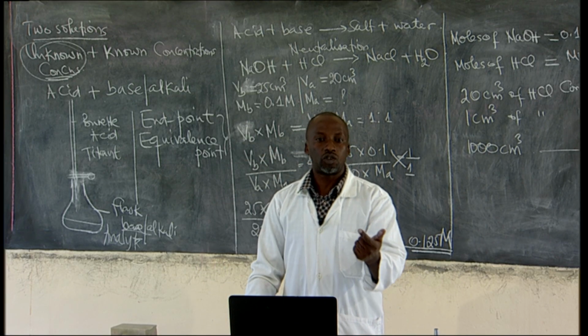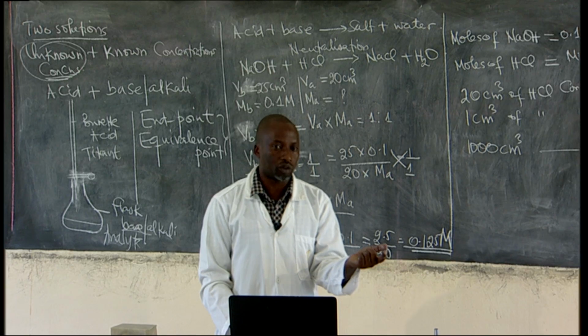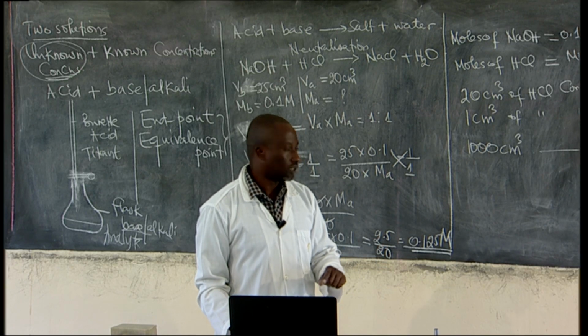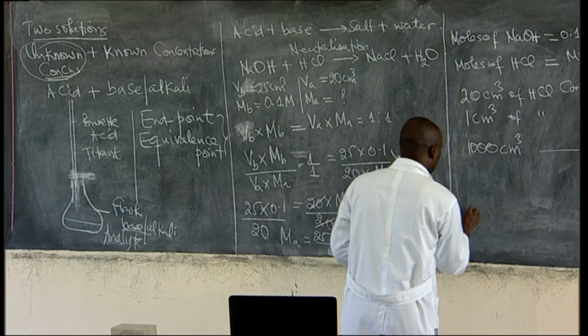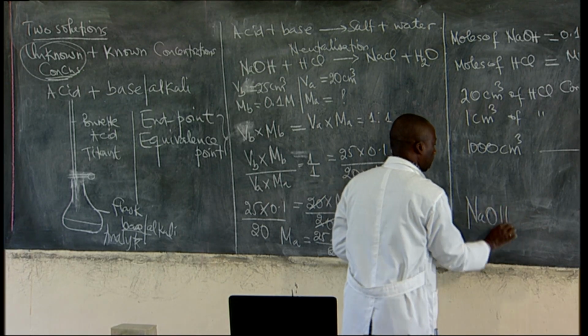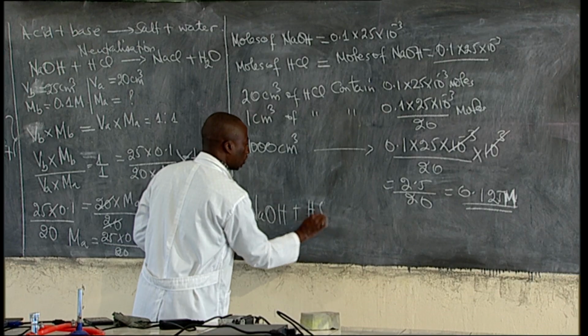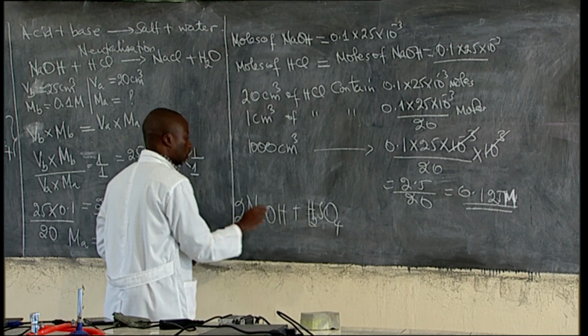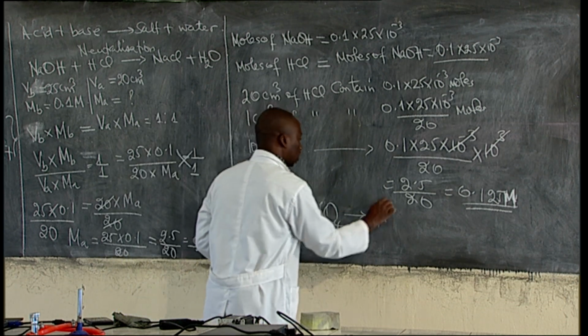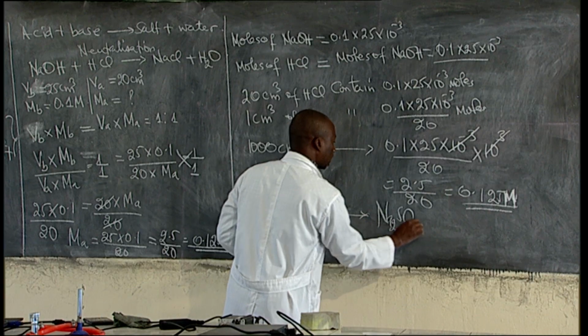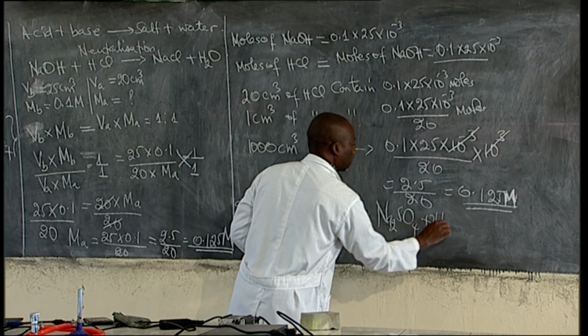For example, in question number 3, you are having sodium hydroxide and sulfuric acid. You need the reaction ratio to take into consideration, which will give sodium sulfate plus water molecules.